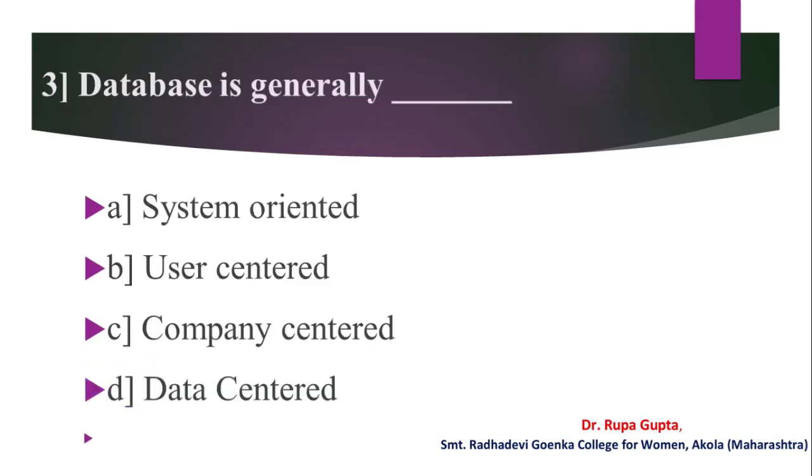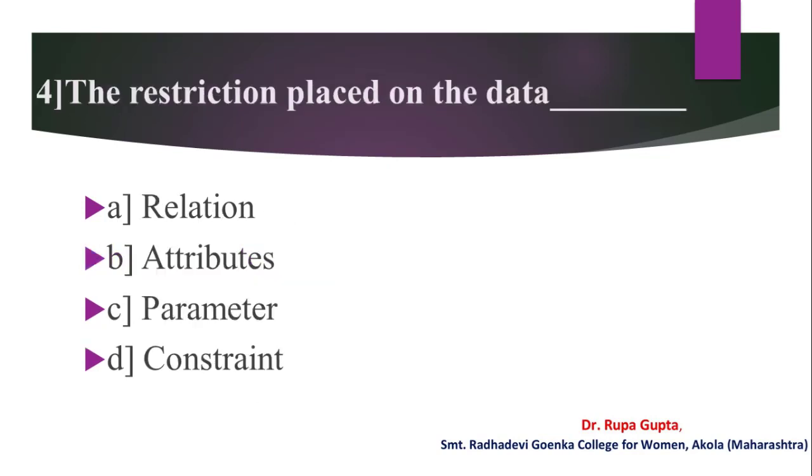Question number 3. Database is generally option A. System oriented, B. User centered, C. Company centered, D. Data centered. And the correct answer is B, that's user centered. Question number 4. The restriction placed on the data.